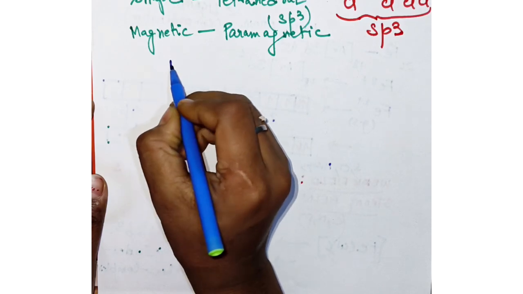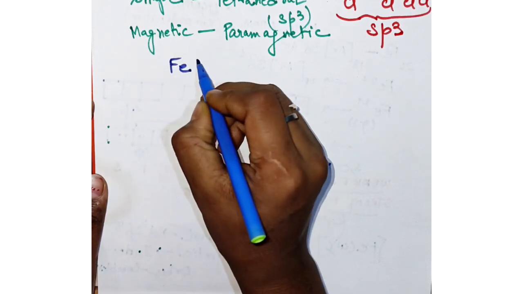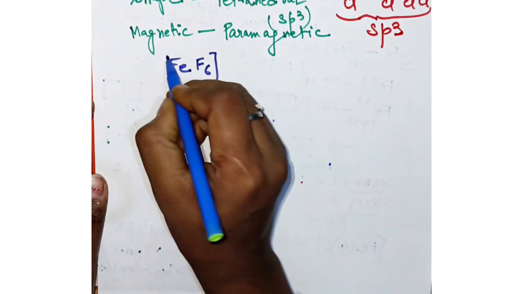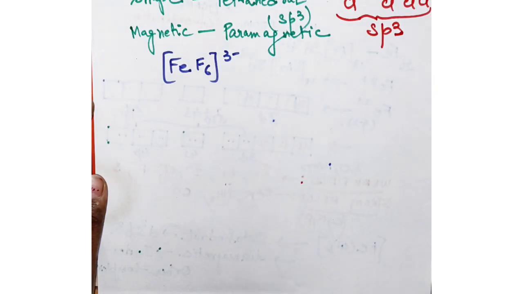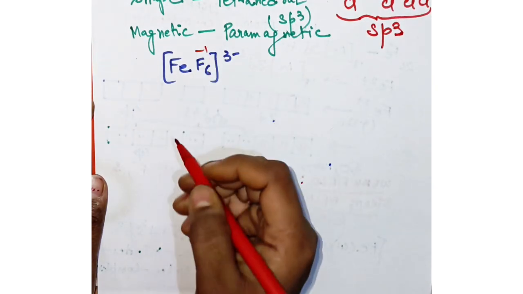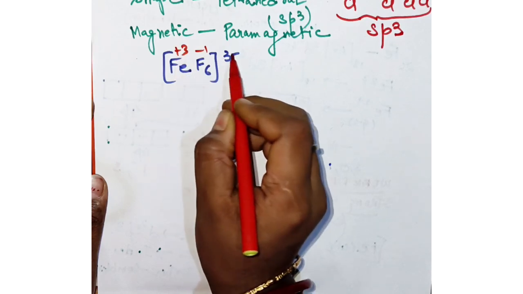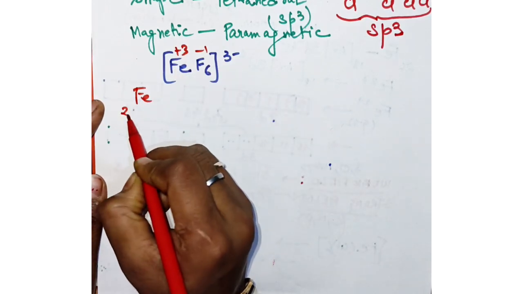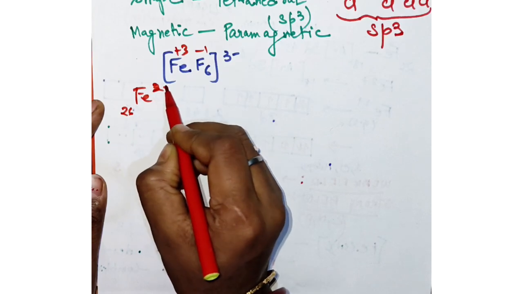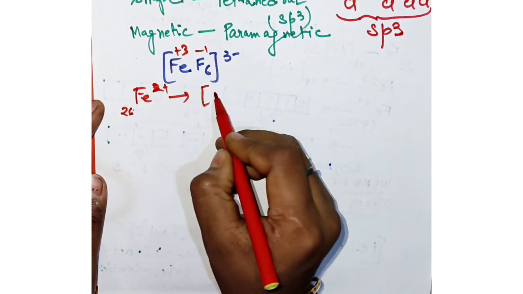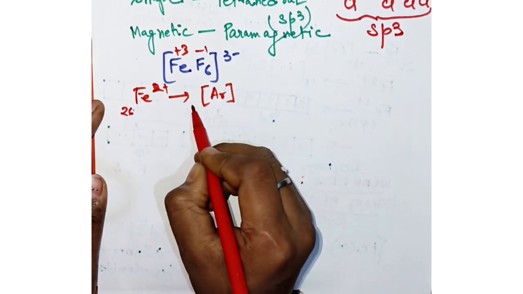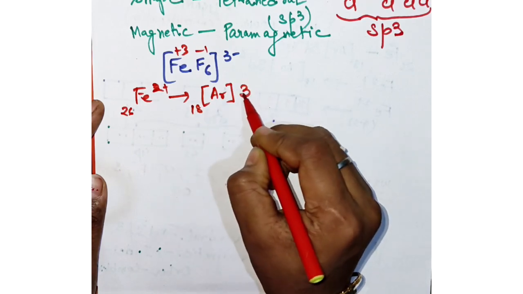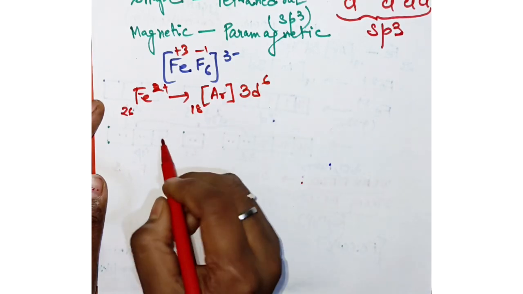Now I'm doing FeF6 3 minus. Okay, so again find the oxidation state. Here it is -1 for fluorine, so it is +3, because the charge here is -3. So iron, we know it is 26, so Fe3+, if I directly do, it will be argon 3d6.